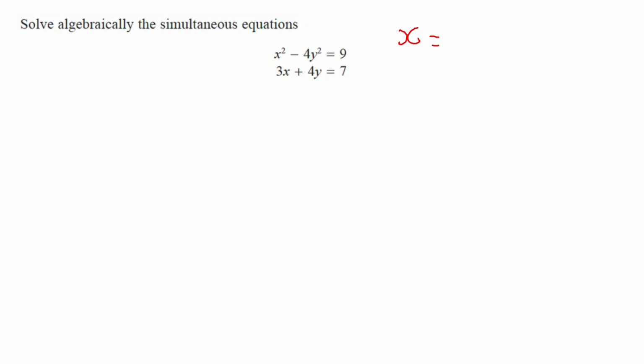now this is from a calculator paper, so I'm going to leave them as fractions because I'm going to have to subtract 4y and then divide by 3. I'm going to write them as two separate fractions.